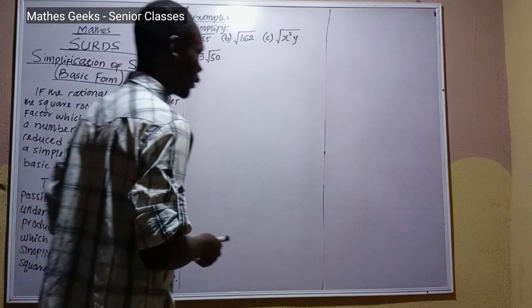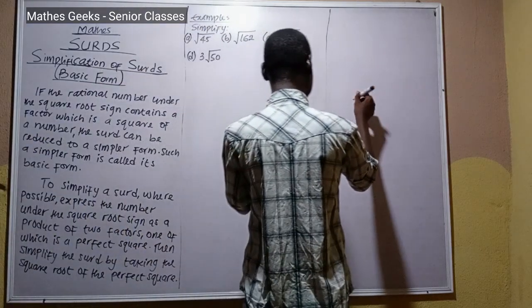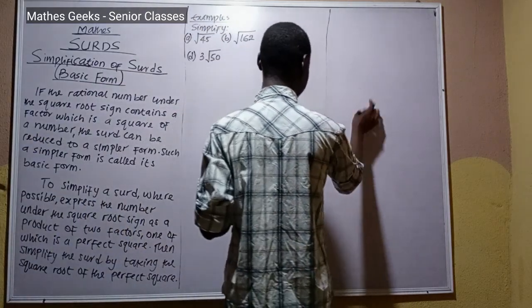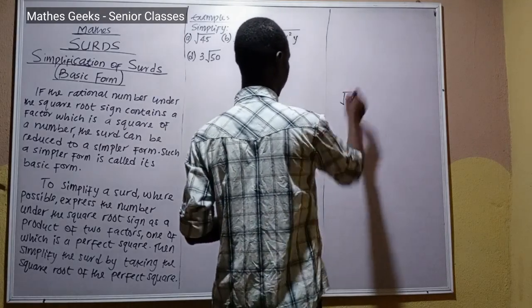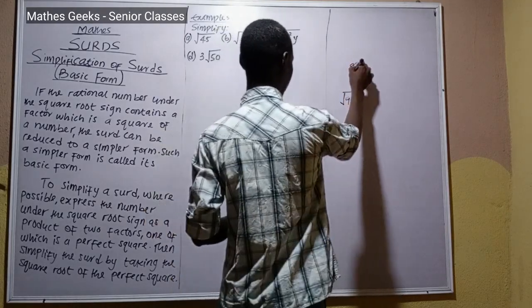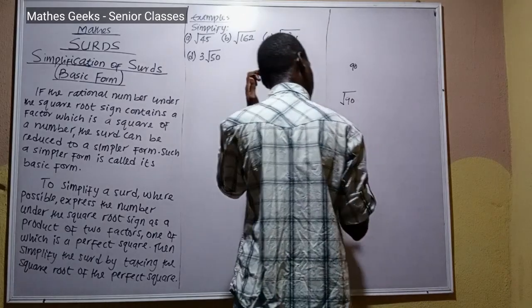So what I mean is this: let's say we have the square root of 90. 90 is a rational number, an exact value.